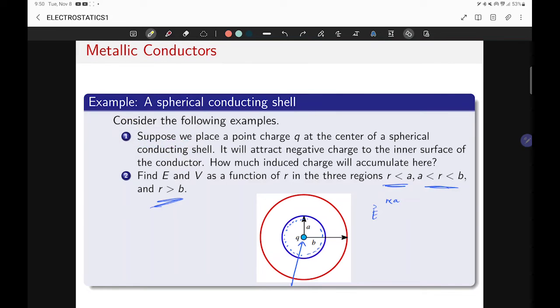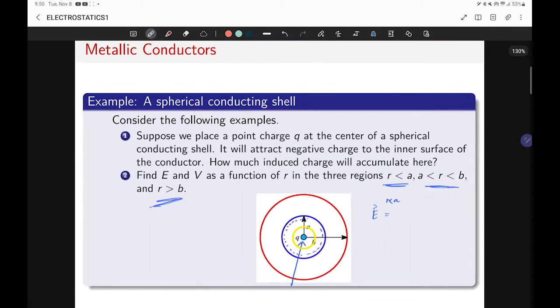This is the Gaussian surface for R less than A. And what is the electric field inside? We can simply calculate it as 1 over 4 pi epsilon naught, and the charge enclosed is Q over R squared. That's the electric field inside.